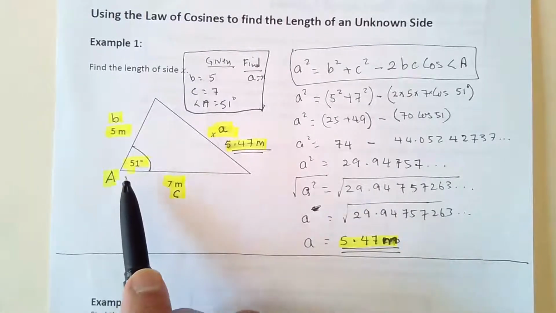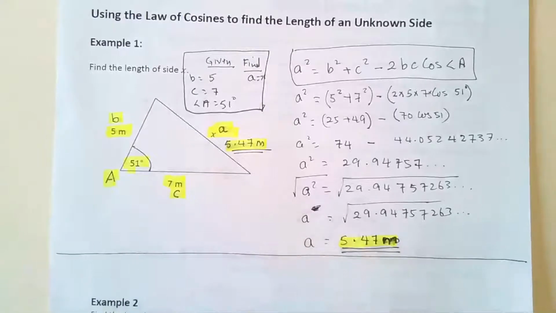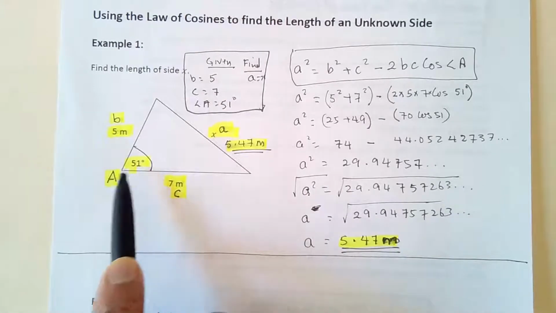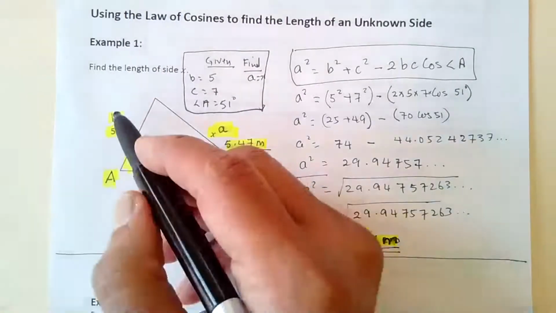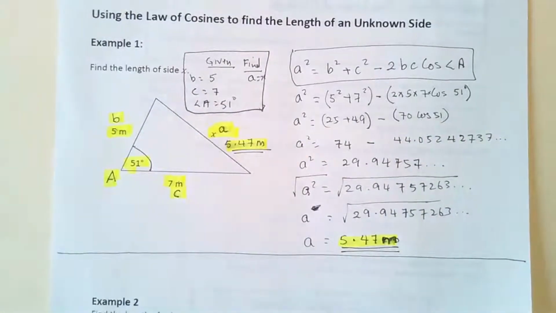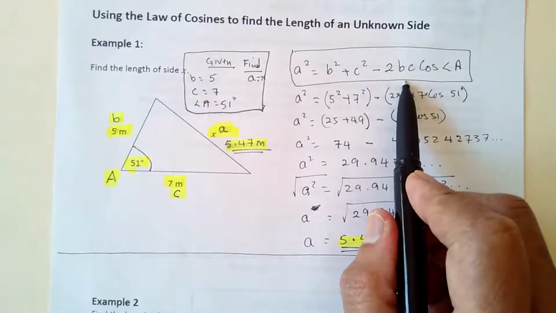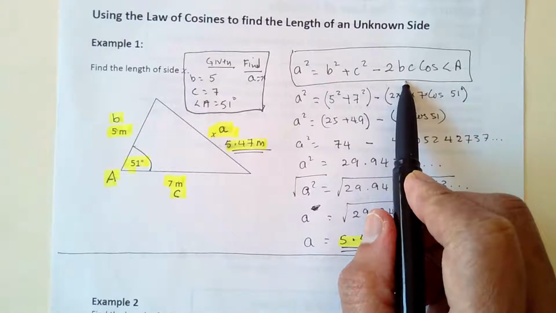And it's always the angle between the two sides given. So you look at the two sides and the angle in between. That angle in between becomes angle A. So you need these two sides to use this specific cosine rule.